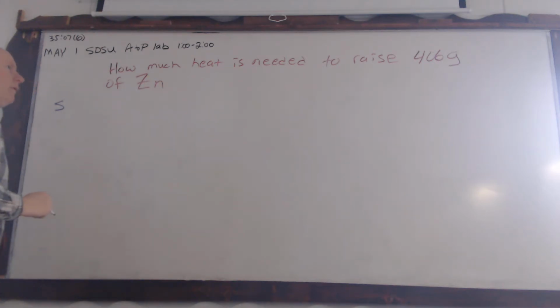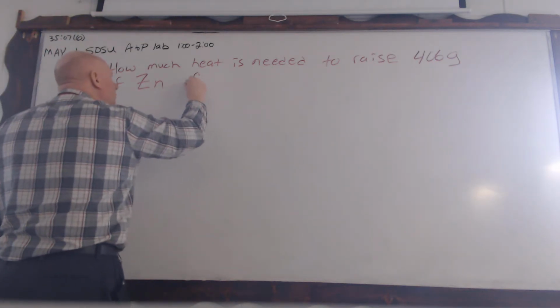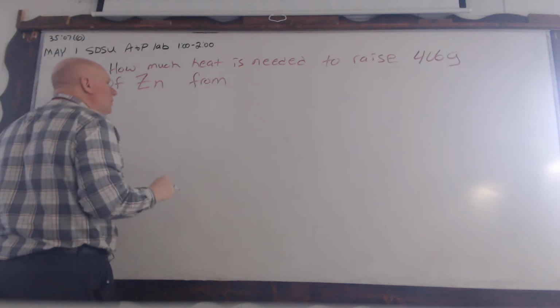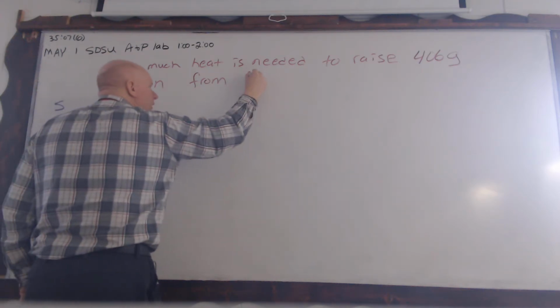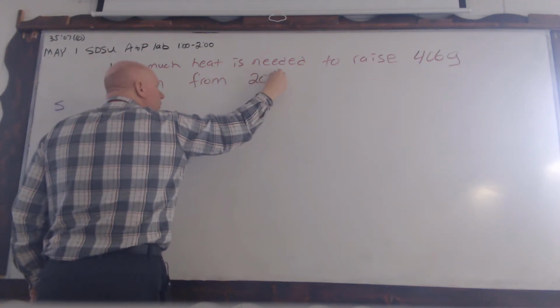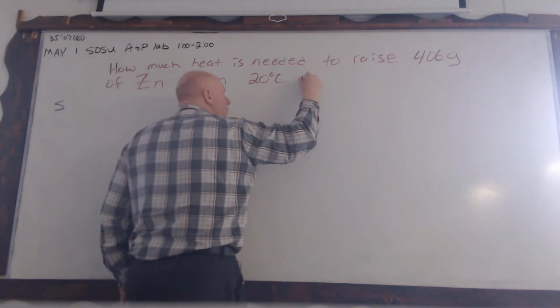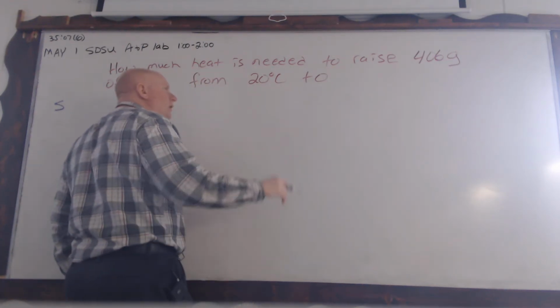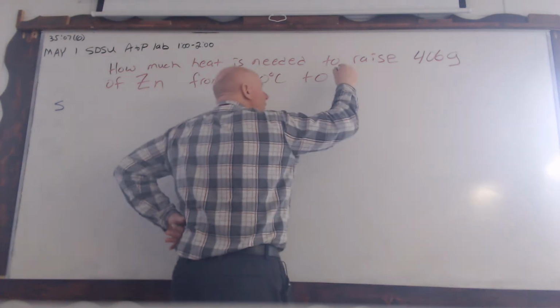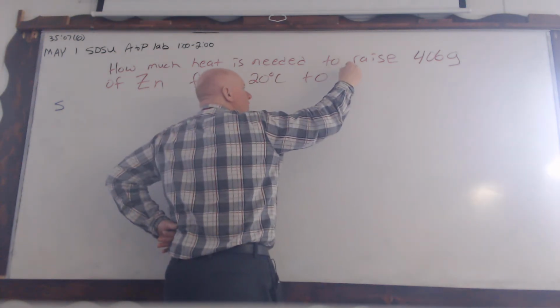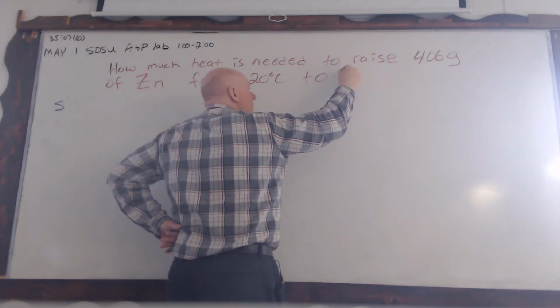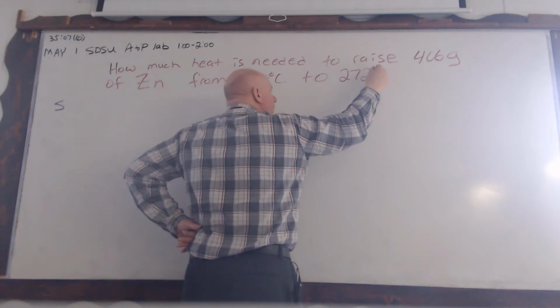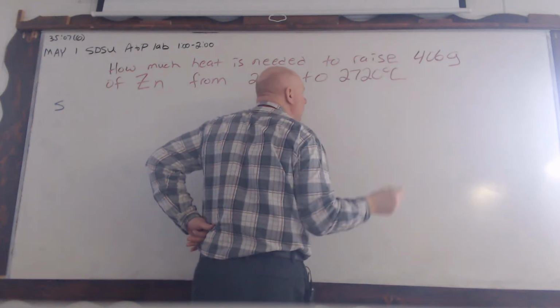Okay, so 400 grams of zinc from, I don't know, we said 20 earlier, so 20 degrees centigrade to, well, we really need to melt this zinc, so I'm just going to speculate. I'm going to say 2720 degrees centigrade. Okay?